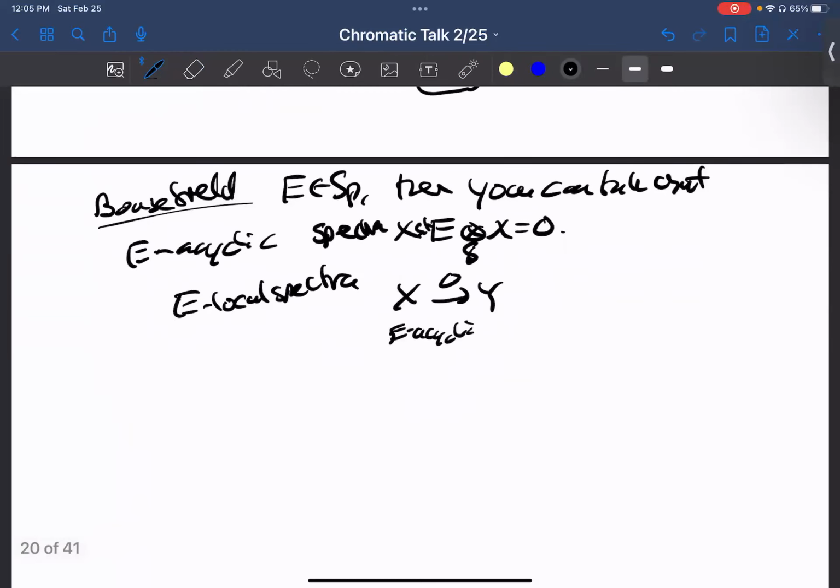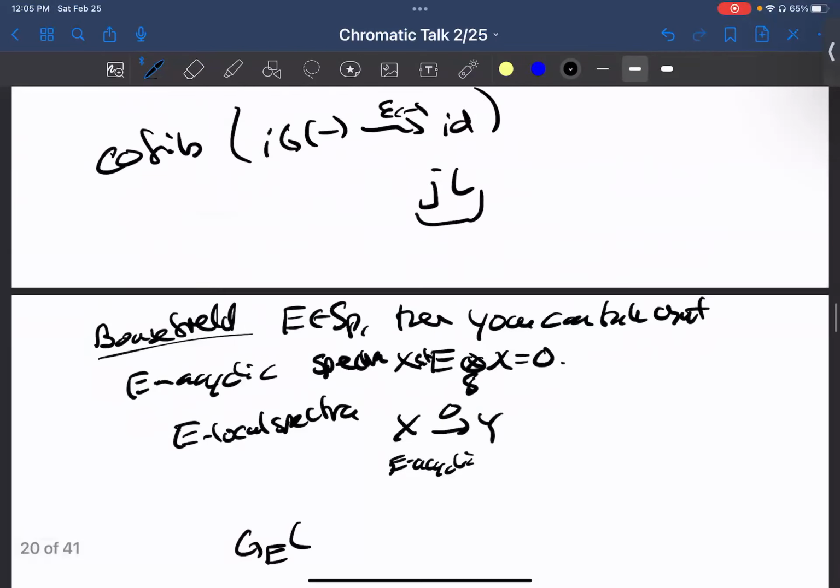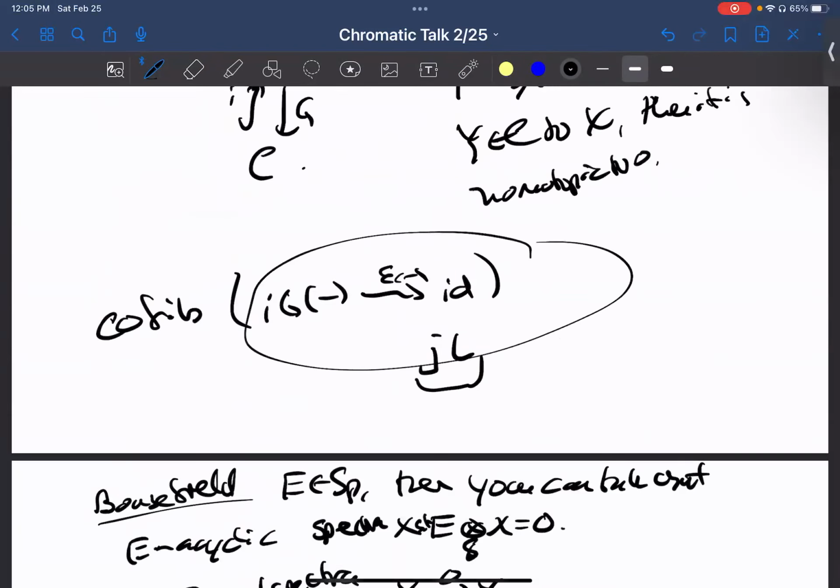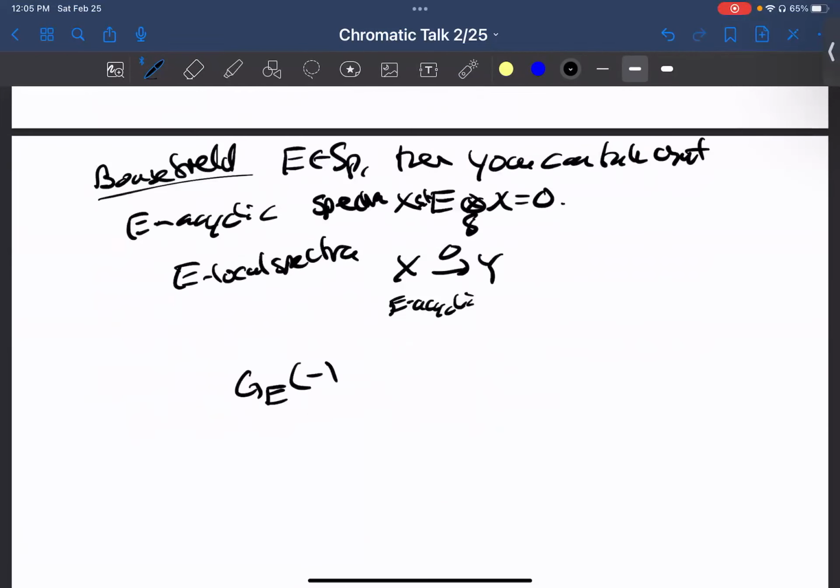And one can participate in the story with what is usually called, so the same fiber sequence that we get here for every element is usually called this in this world. So this is your E localization.